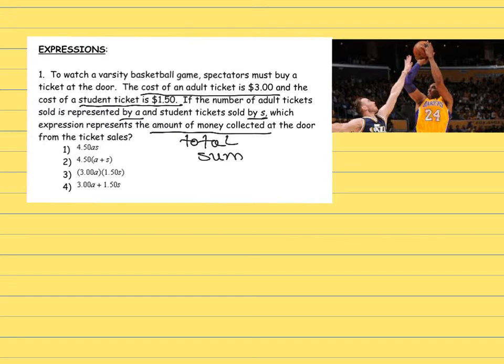So we're going to write this as a sum of the product of these 2 components, adult ticket and its cost, as well as student ticket and its cost. So that is choice 4.